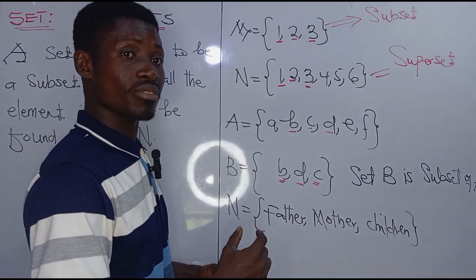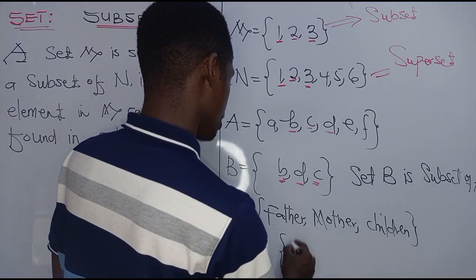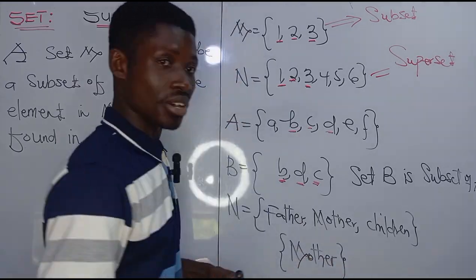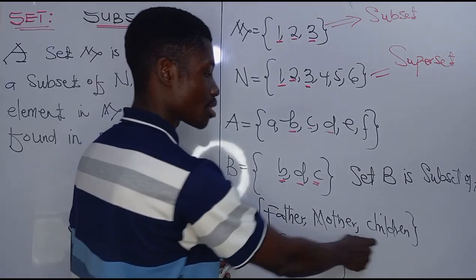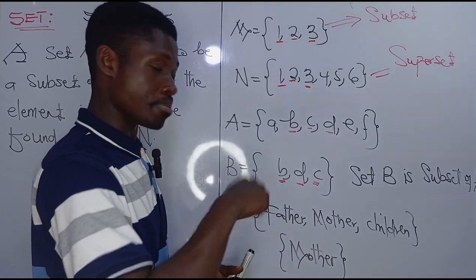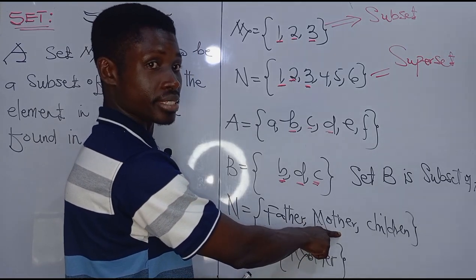Now, if we have a set which contains, let's say, the mother only, we can say that the mother is a subset of the nuclear family because the mother is contained in the nuclear family and it is here.